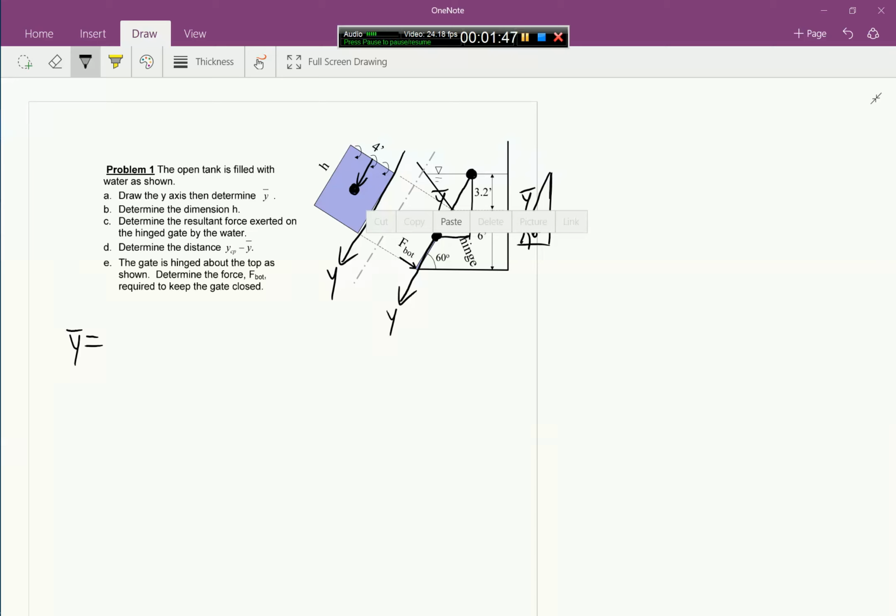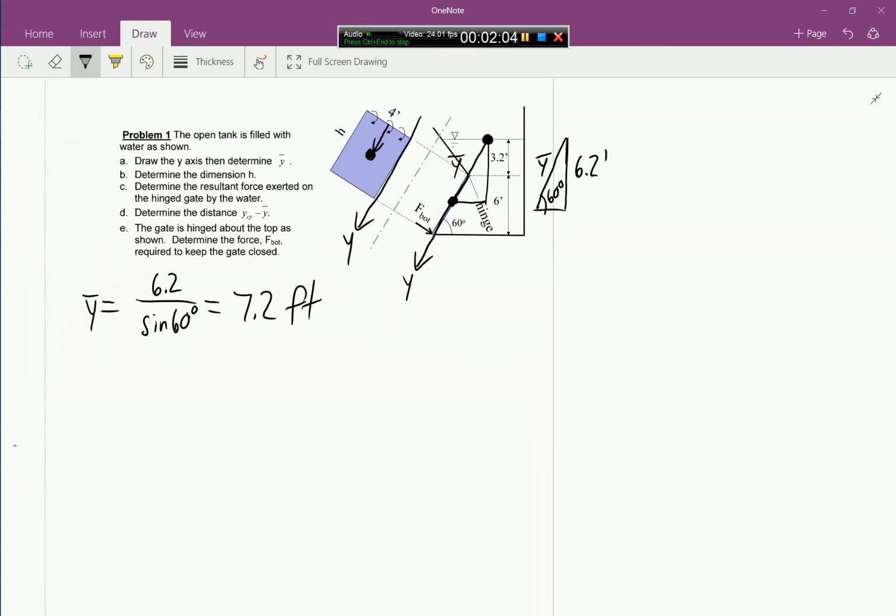So we will have 6.2 feet, and in order to solve for y bar, we just divide 6.2 by sine 60, and we get a value of 7.2 feet, and that is the value of y bar.